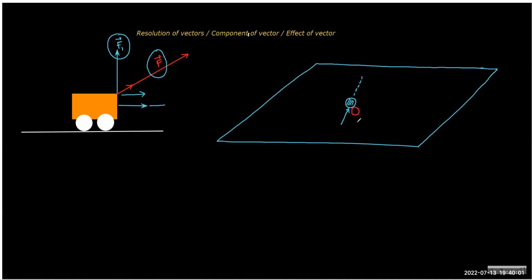If the striker is hitting this way, now it will go like this. So the way you hit, it will go like this. Now, something is moving this way or something is moving this way. So imagine we have this is the x coordinate and this is the y coordinate, and the z axis is perpendicular to the plane.